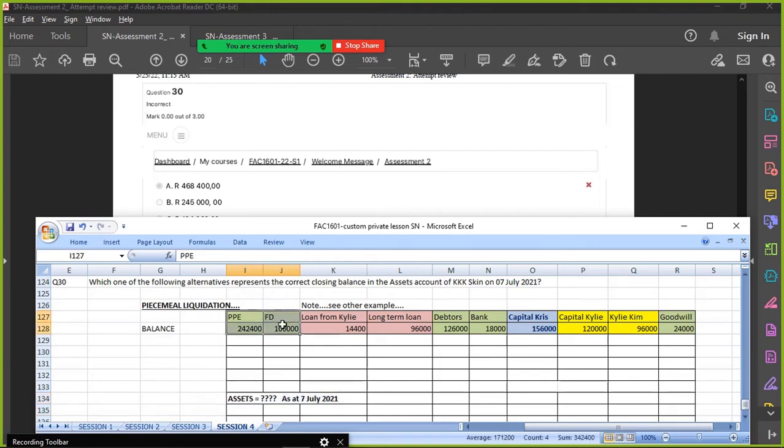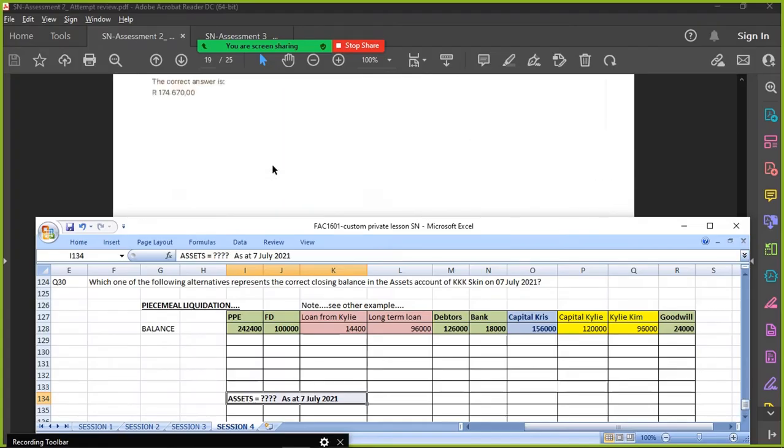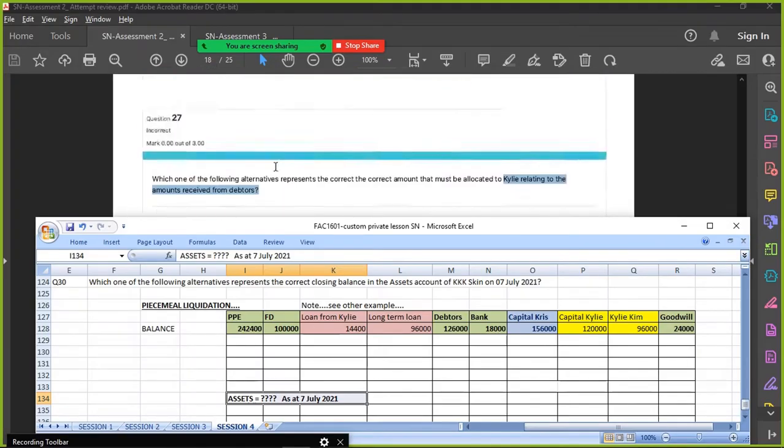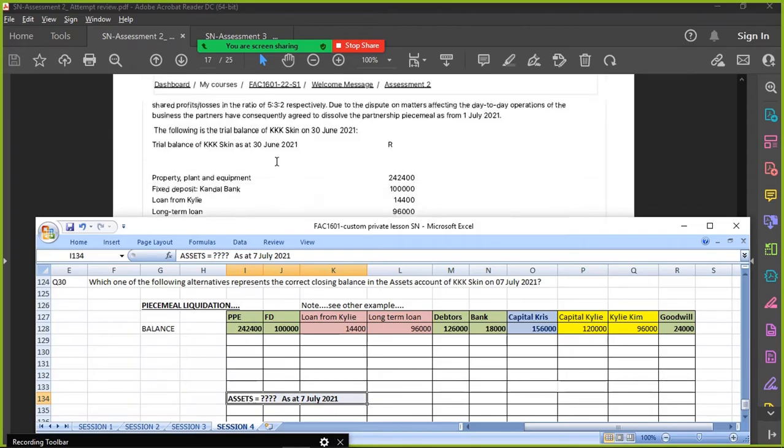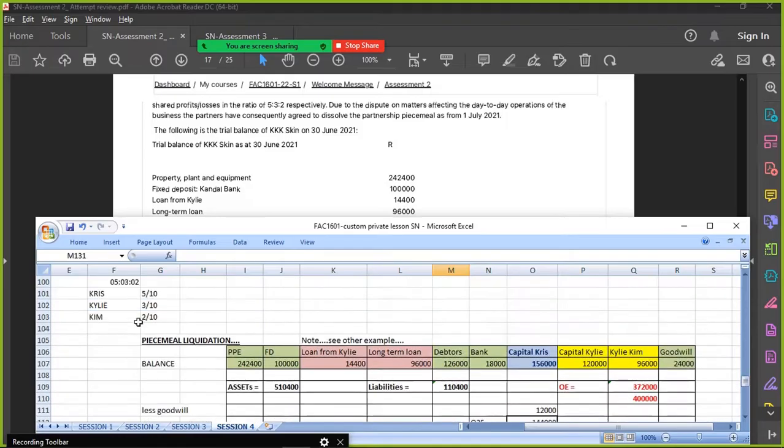So they want me to look at this. Okay, the green columns. But at 7 July. So that means if I go back to the question, I need to process everything up to 7 July. Let me just put those splits in quick. Chris, Kylie, Kim, 5, 3, 2.